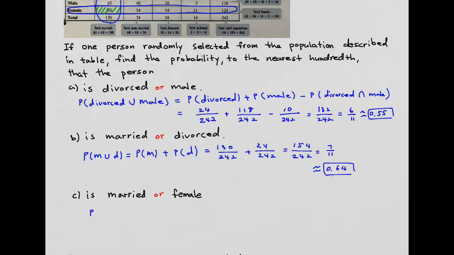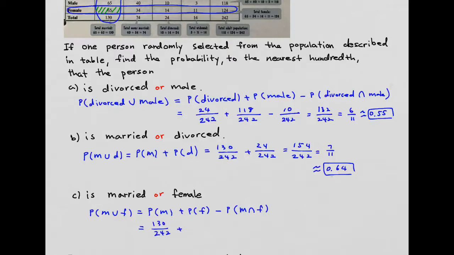So probability of married or female comes from probability of married plus probability of female, but this time you need to subtract probability of married and female. And we know that probability of male is 130 over 242.